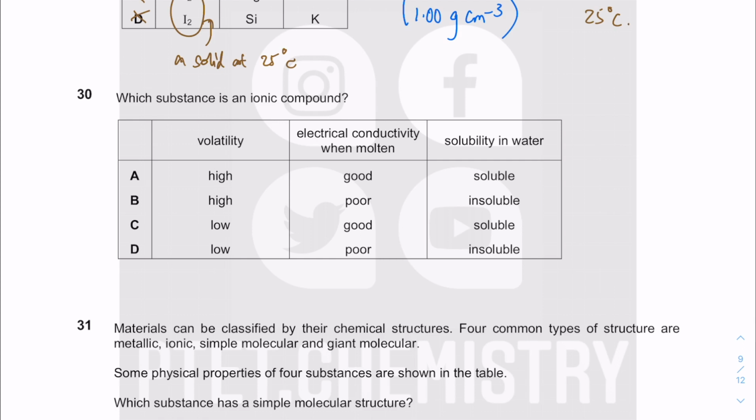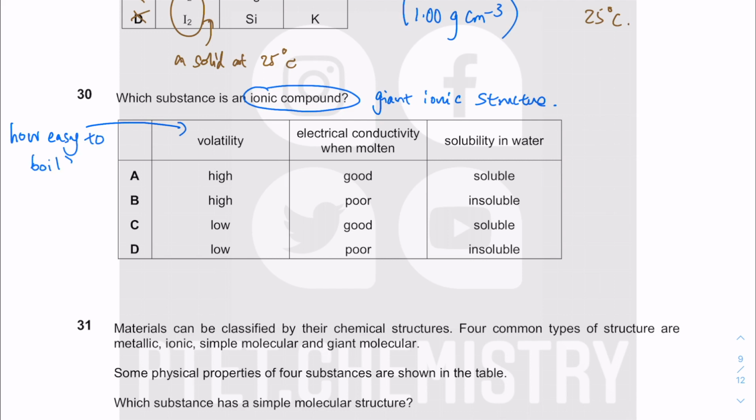Question 3, we're looking for something which is an ionic compound, so something which has a giant ionic structure, and you will be thinking about properties, such as volatility. Volatility is to do with how easy it is to boil. Remember, a volatile person boils easily, gets angry easily.